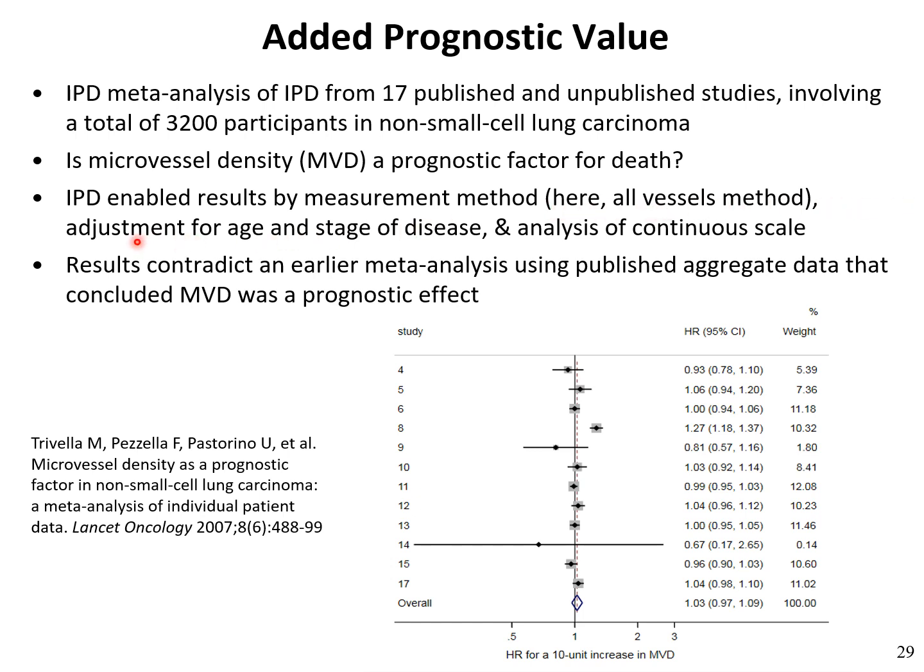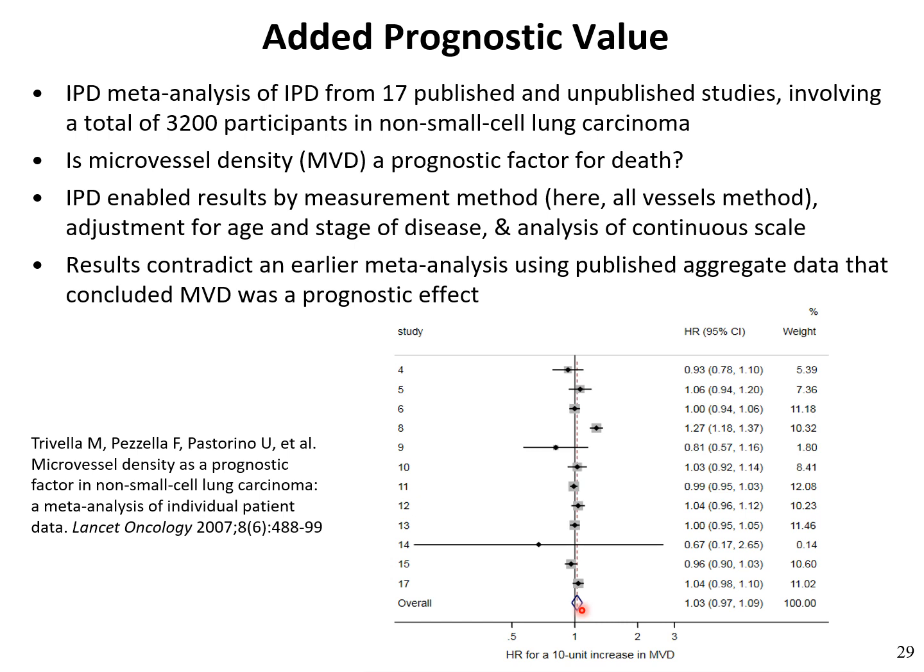We could adjust for well-known existing prognostic factors of age and stage of disease and analyze microvessel density as a continuous variable, here assuming a linear relationship. So when we did this in an IPD meta-analysis, sorry, I want to say we, I mean Marilena Trivella, Doug Altman and colleagues, they put the results together, and we see that the hazard ratio for a 1 unit increase in MVD is 1.03 and the confidence interval overlaps 1.